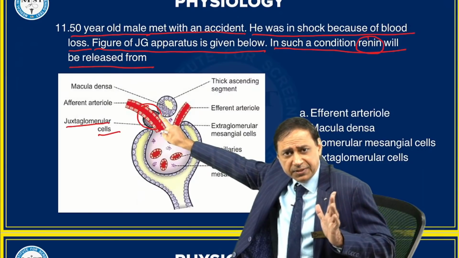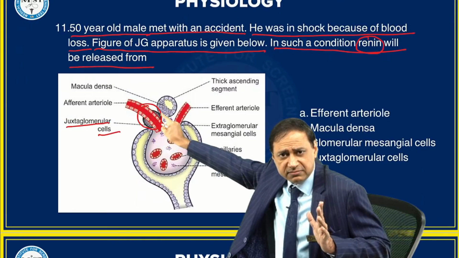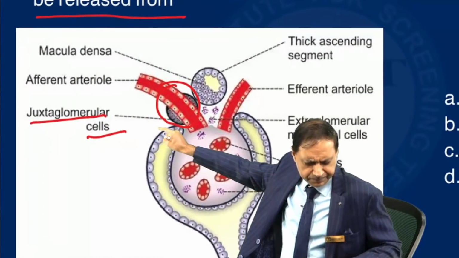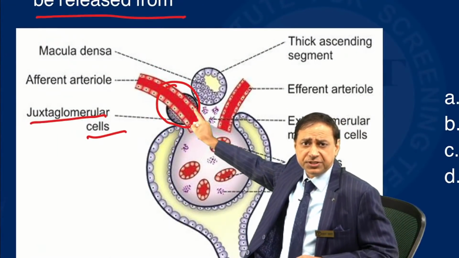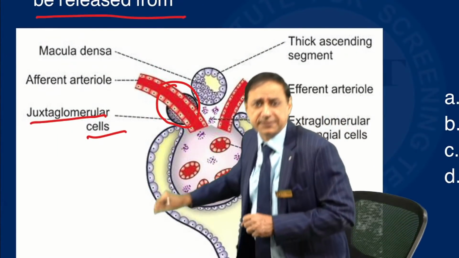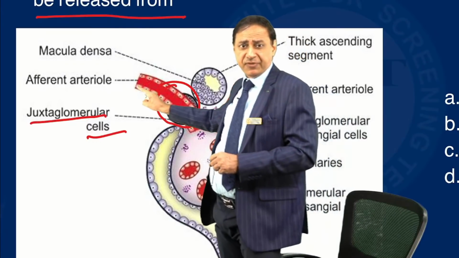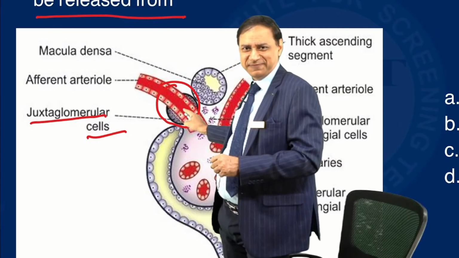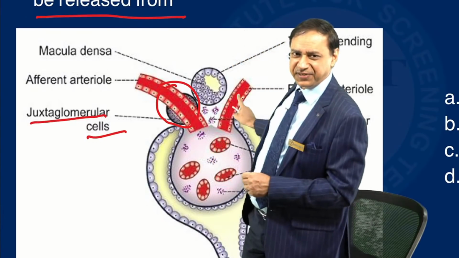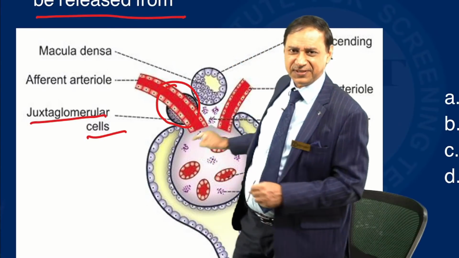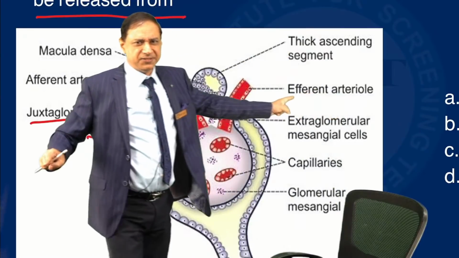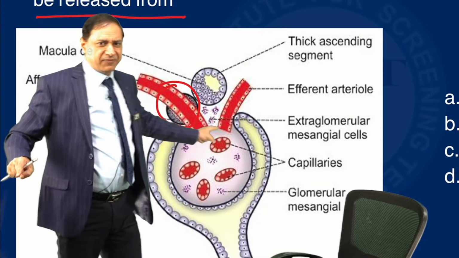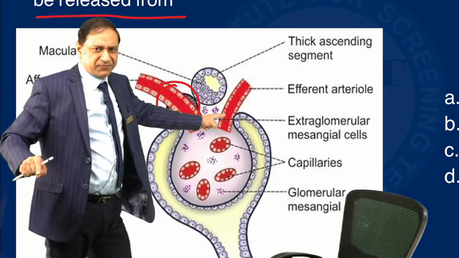Juxtaglomerular cells are specialized cells, and these are present in the afferent arteriole. This is the afferent arteriole. This is the efferent arteriole.